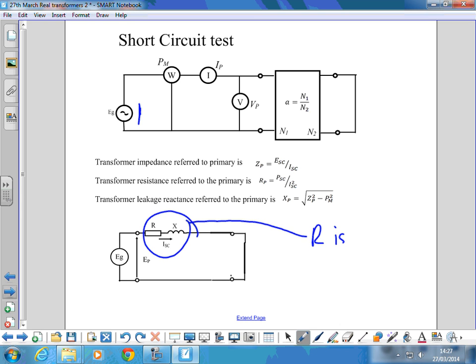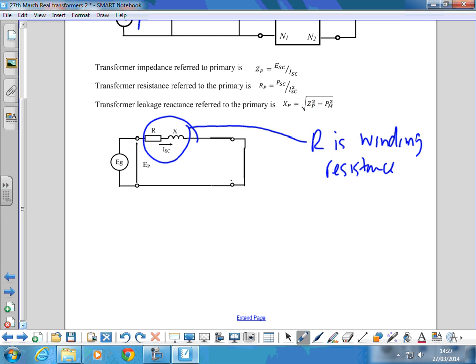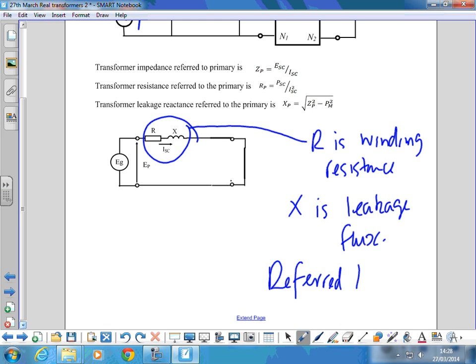So R is the winding resistance, and that's referred, effectively added together.